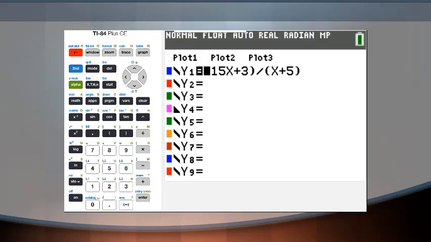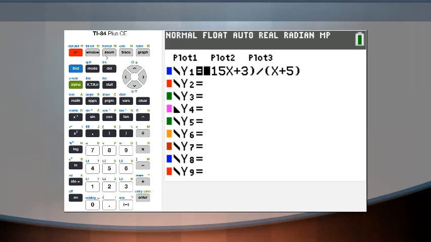Okay, so I'm over here at the calculator, and I have gone ahead and entered this rational function. I like to put my numerator and denominator both into parentheses so the calculator reads it right. So here I've got 15x plus 3 over x plus 5, which of course is my rational function.